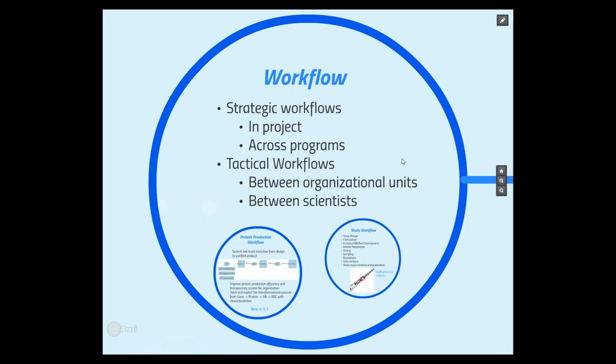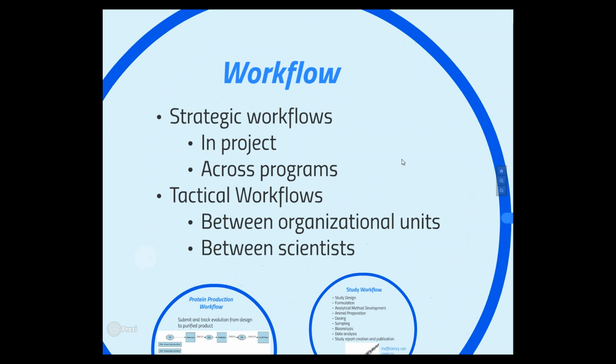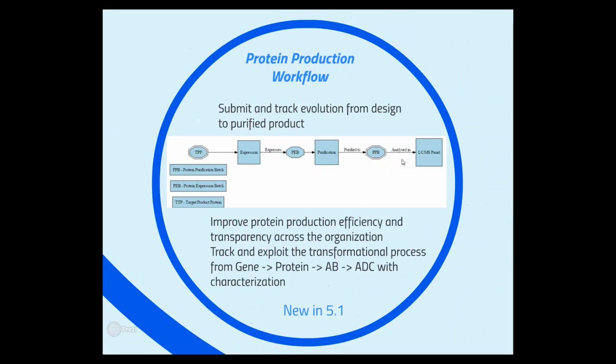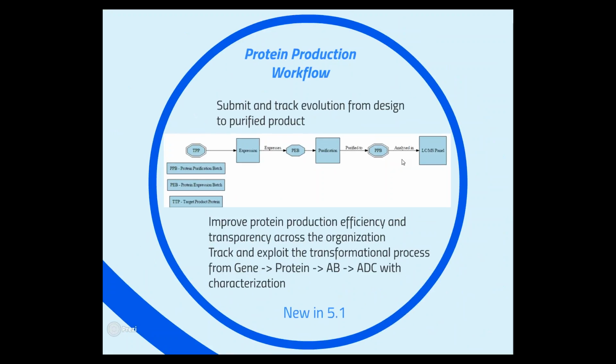I've got a couple of example workflows here. The first one's a protein production workflow. So here we're going to submit and track the evolution from the initial protein design work right through to the purified product, which is ready for characterization.